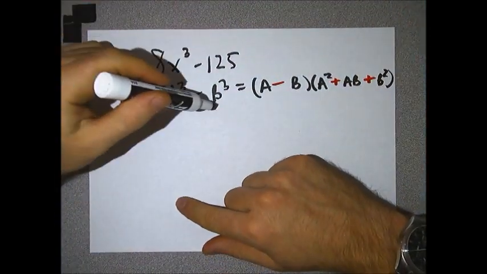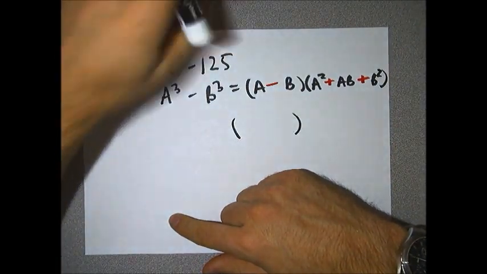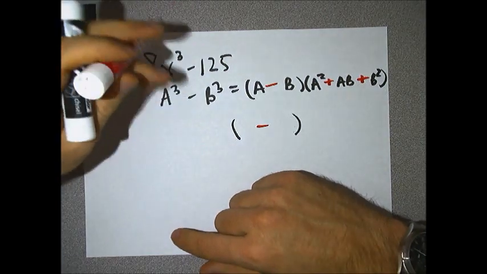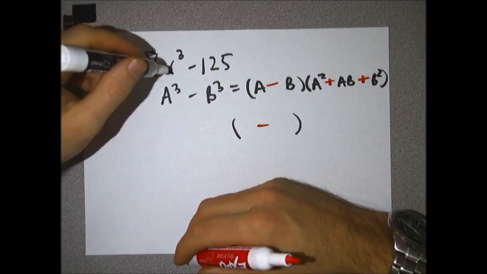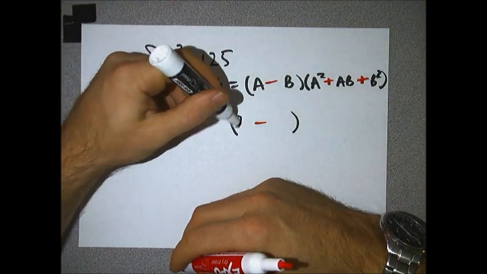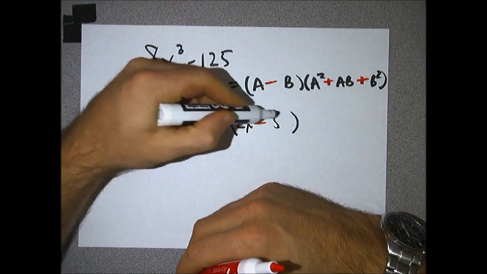Okay, so if this is what I start with, I want a minus b. Well, how do I go from a to the third to a? I take the cube root. So the cube root of 8x to the third is 2x. The cube root of 125 is 5.